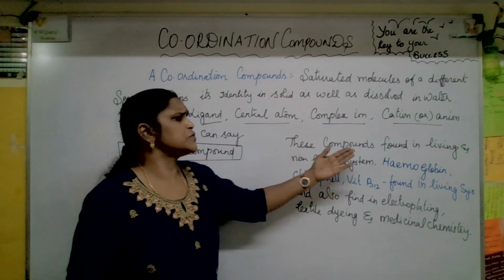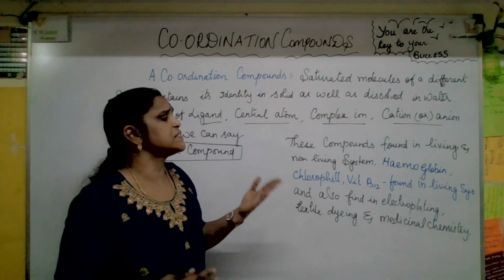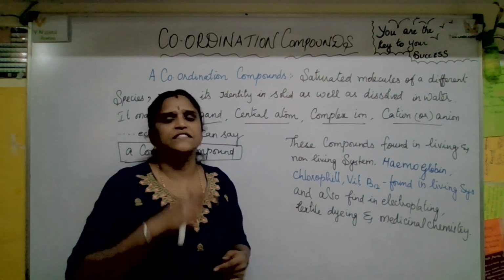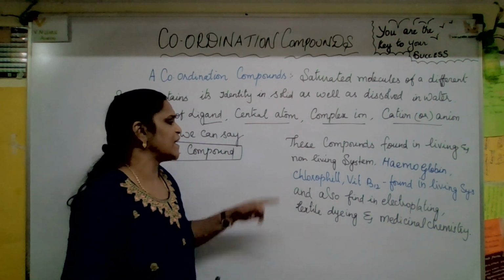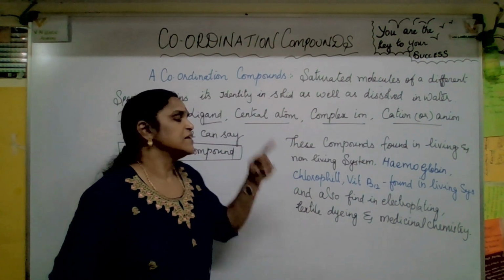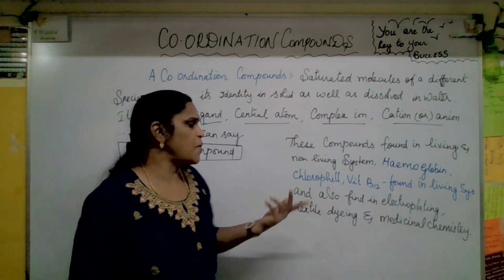These compounds are found in living and non-living systems. Hemoglobin in our blood is a coordination complex compound. Chlorophyll, which is present in the leaves of plants, is also a complex compound.